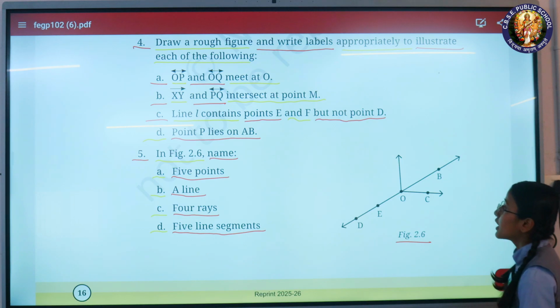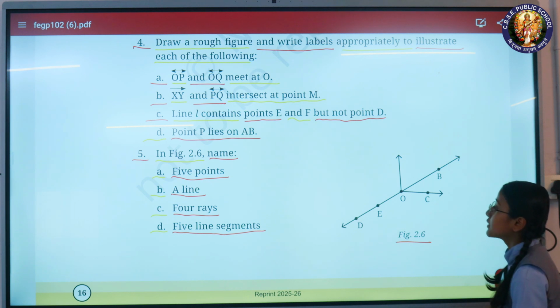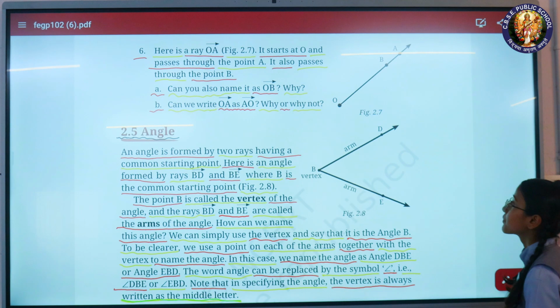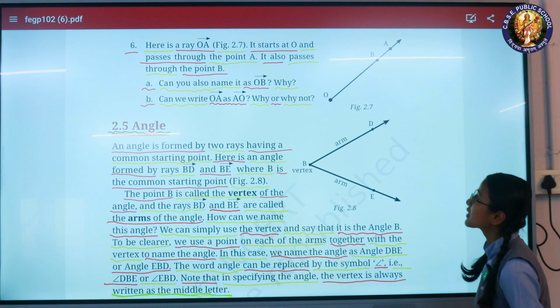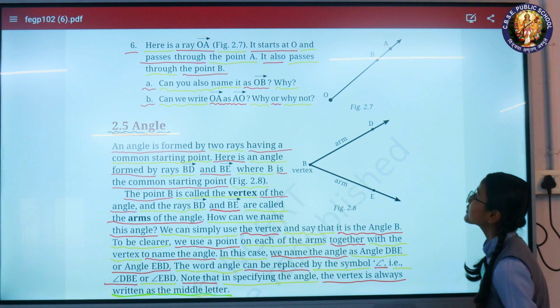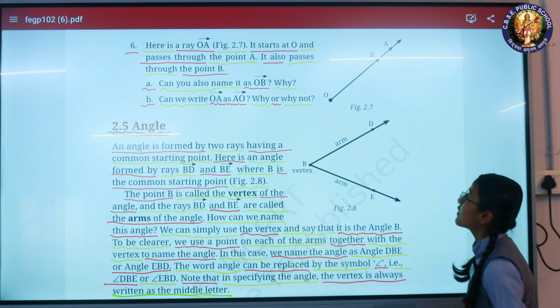5. In figure 2.6, name A. 5 points. B. A line. C. 4 rays. D. 5 line segments. Figure 2.6. 6. Here is ray OA. Figure 2.7.